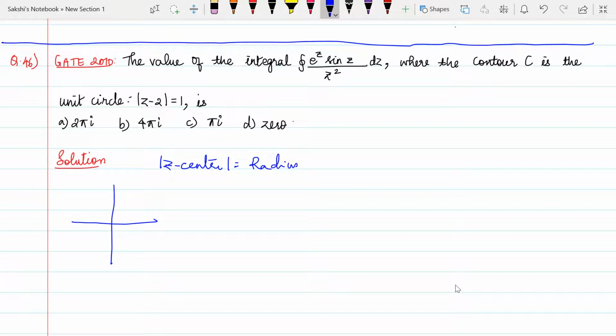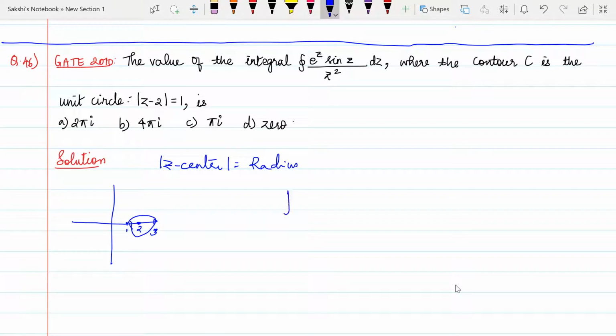Here the center is 2, therefore I can write 2 comma 0 as my center. So for the unit circle it will cover 1 and it will cover 3. This is my unit circle.